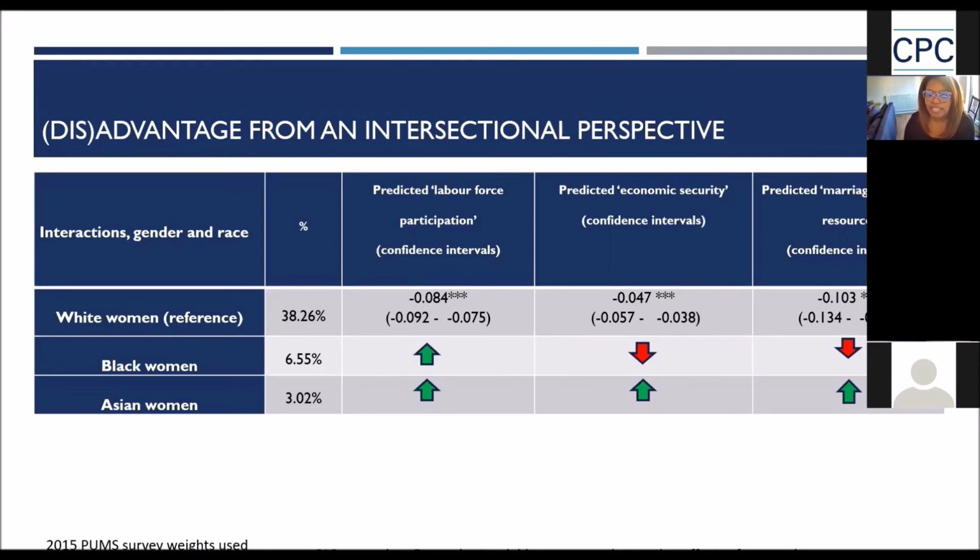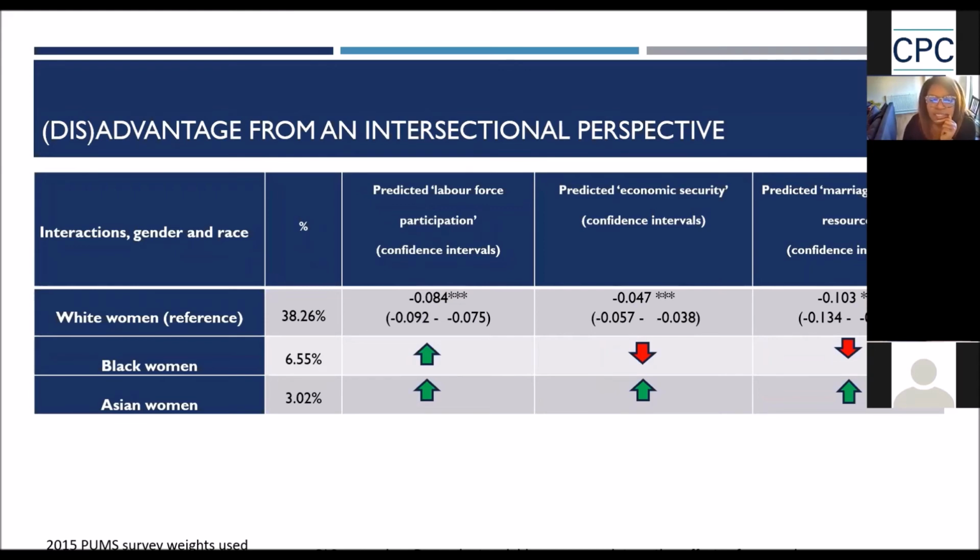And I included the information for Asian women because I thought it was an interesting contrast, because Asian women in the United States have a higher labor force participation score than white women. And this does seem to show in the economic security factor. For Black women, however, this isn't the case.